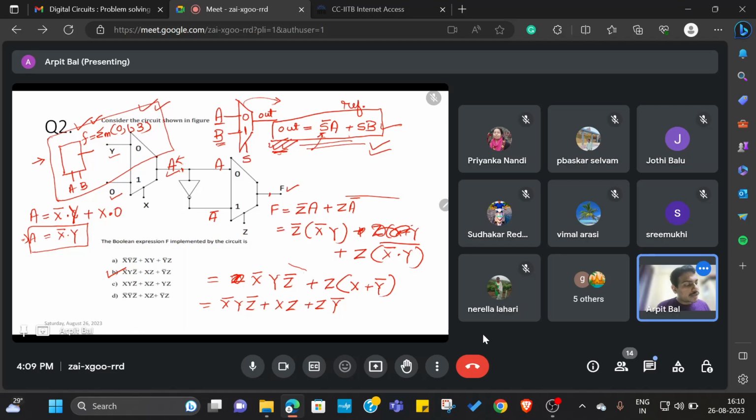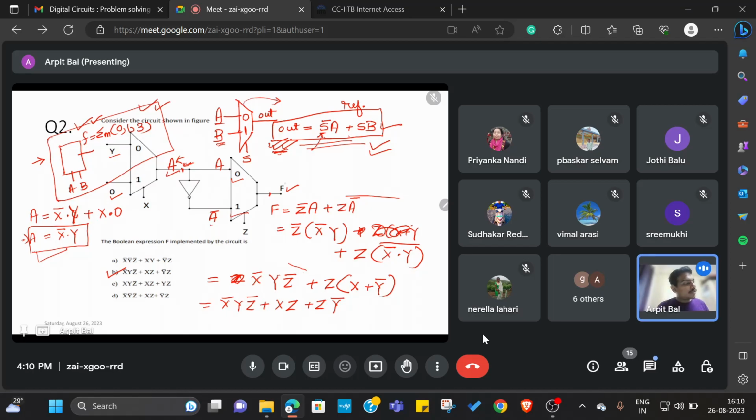We solved for the value of A, with the inputs as y and 0, and we found the value for A. Then we saw that there was an inverter, so that A will travel as A to the input 0, but it will travel as A bar to the input 1.